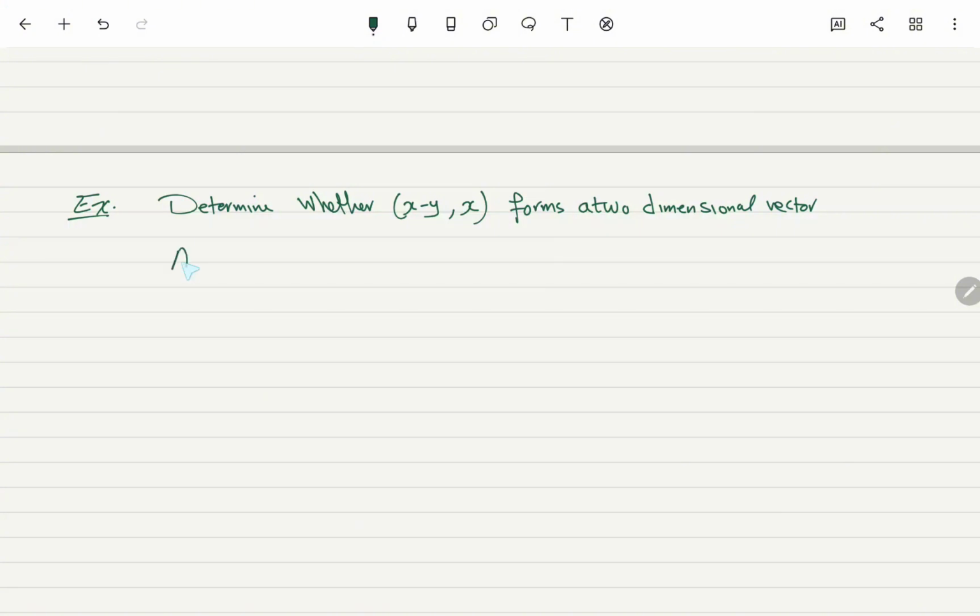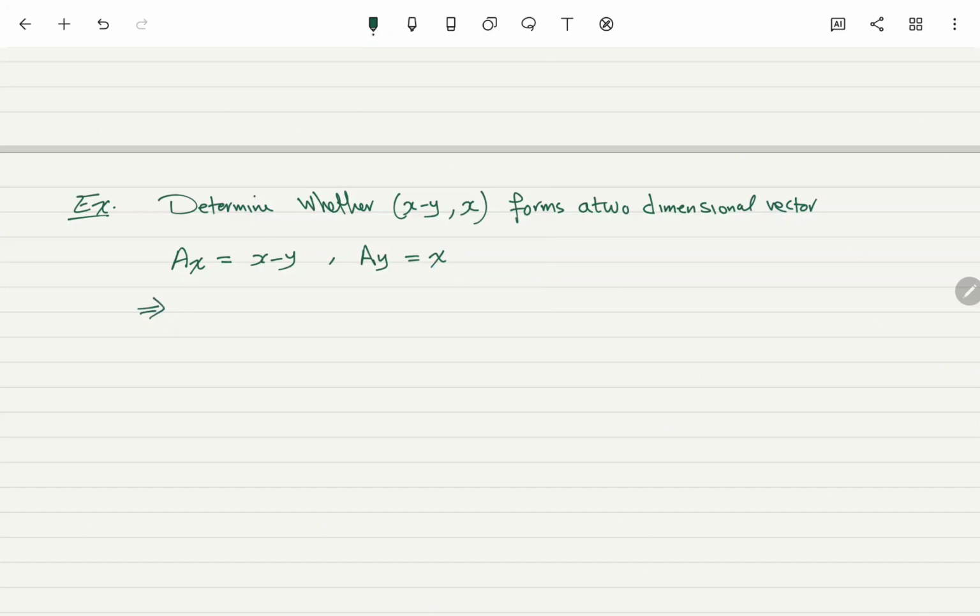Let's have another example. Determine whether x minus y and x forms a two-dimensional vector. Now, to solve this one here, in this case, ax is actually x minus y and ay equal to x.